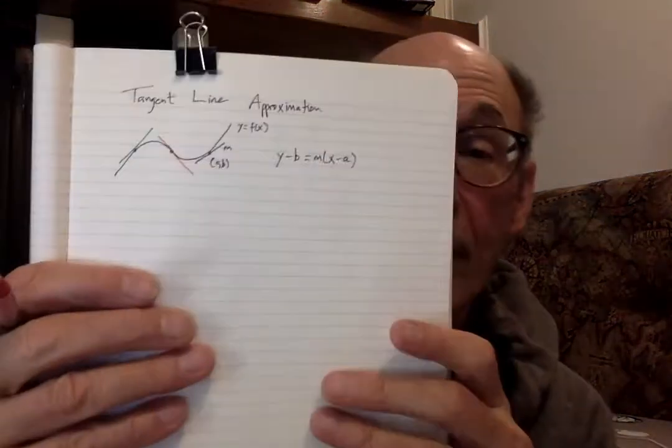I do have to say something about this tangent line approximation, and this is with regard to the basic function. What you've got here is the basic shape of a line, y equals x.